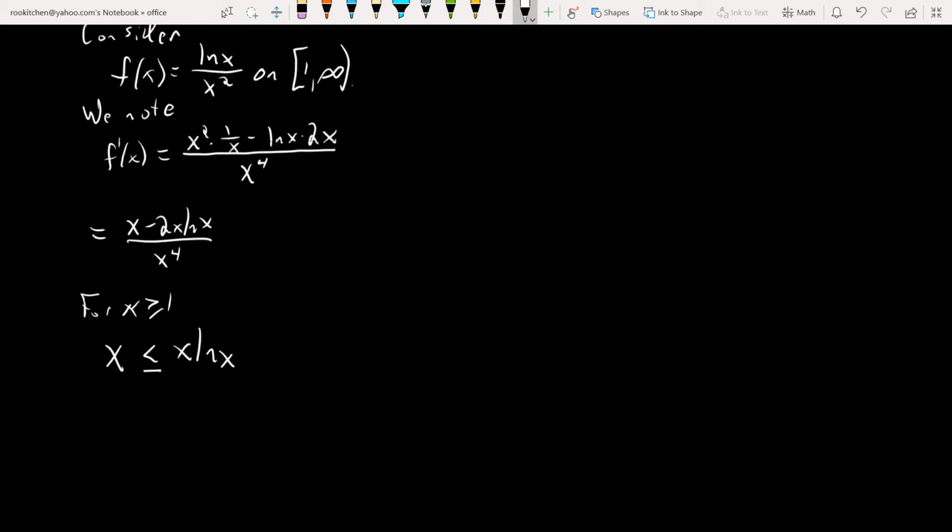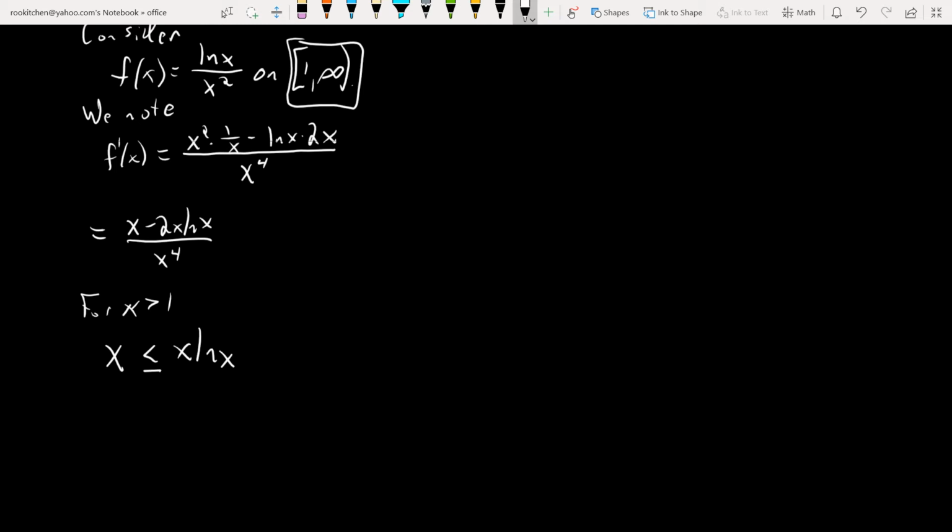So at 1, 1 will be less than or equal to 1 times the ln of 1. But ln of 1 is 0, so that wouldn't work in that case. So you need it to be strictly greater than. We need x to be greater than 1. Okay, so that's a little hitch in our plans. We'll have to push out the interval to be 2 to infinity or something like that. So this interval needs to be adjusted for this to work.